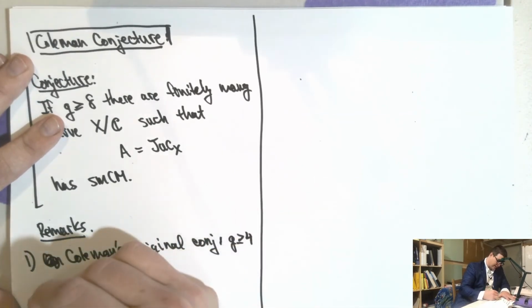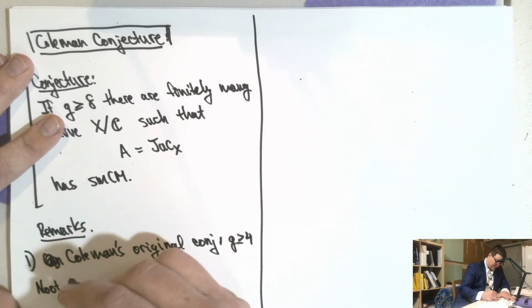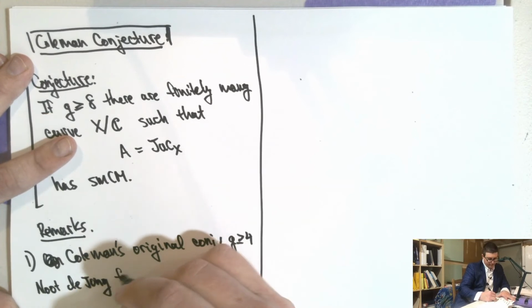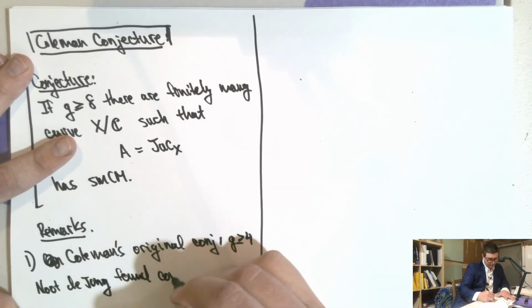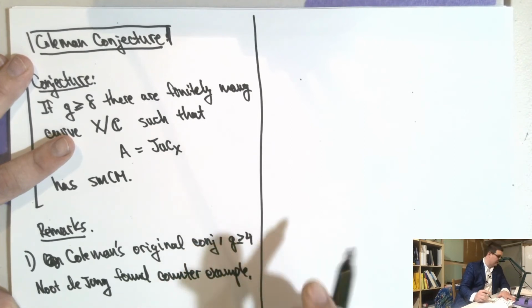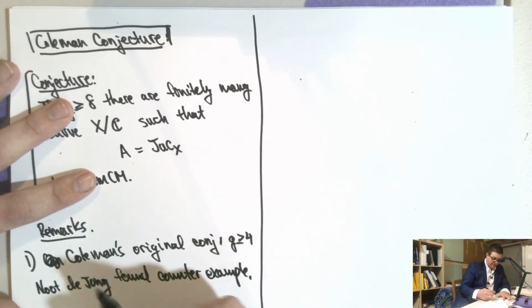But Shankar and de Jong found a counterexample, and these are for superelliptic curves.